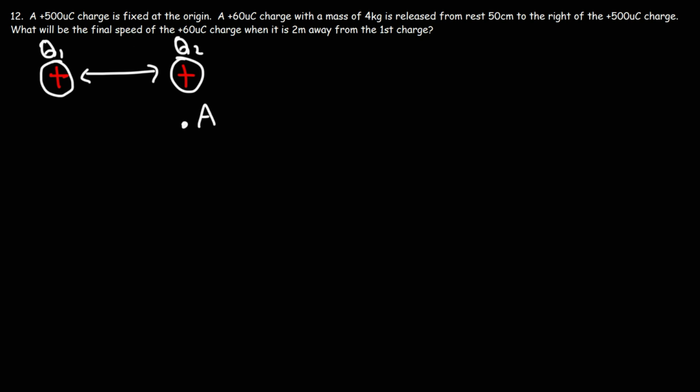Let's go ahead and convert that to meters. So 50 centimeters is going to be 0.5 meters. What will be the final speed of the 60 microcoulomb charge, or Q2, when it is 2 meters away from the first charge?